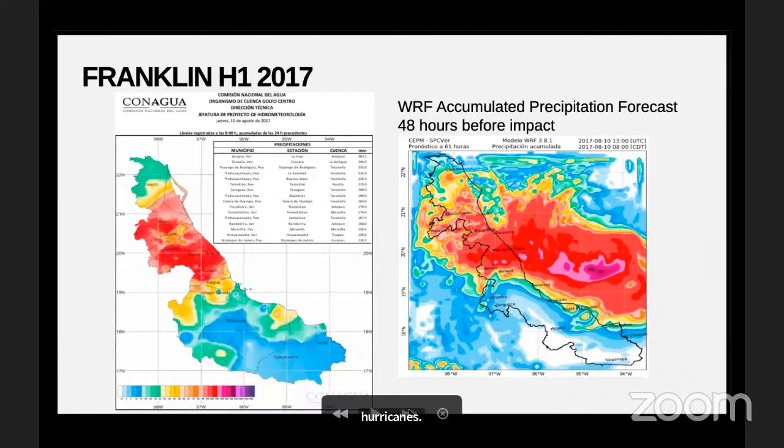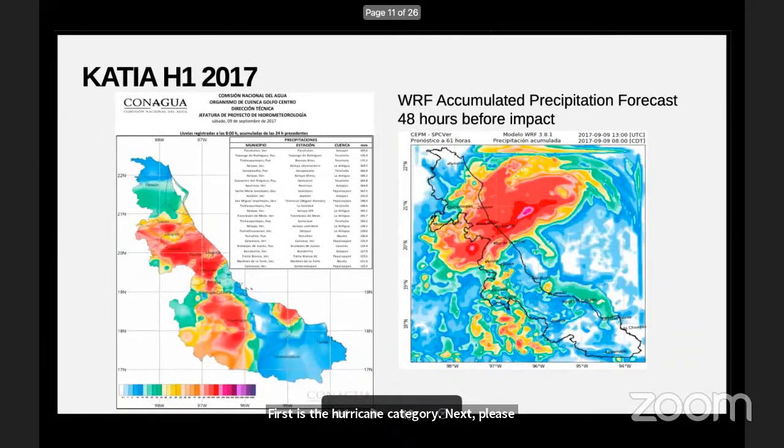In both cases, we obtained a good approximation of the accumulated precipitation 48 hours before the official report. This first is a hurricane category. And the second, hurricane category 1, Katia.